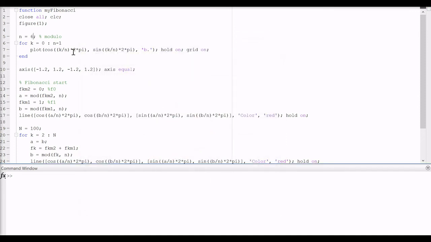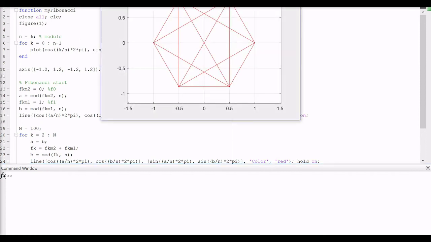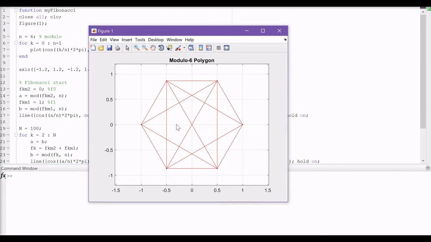So 10 and 6 both generate modulo polygons, which are almost complete except for 0 and n divided by 2, right? So we definitely do have some symmetry associated to polygons that aren't even complete, which to me is very beautiful.